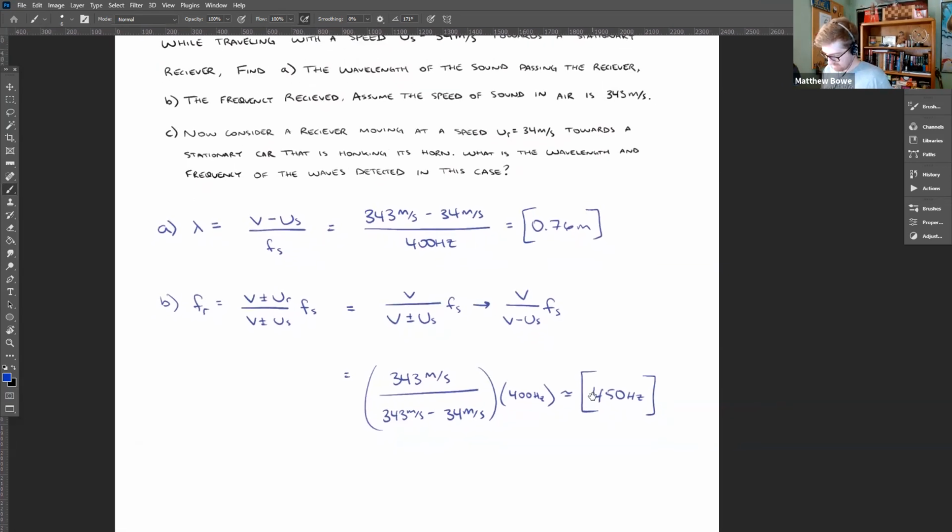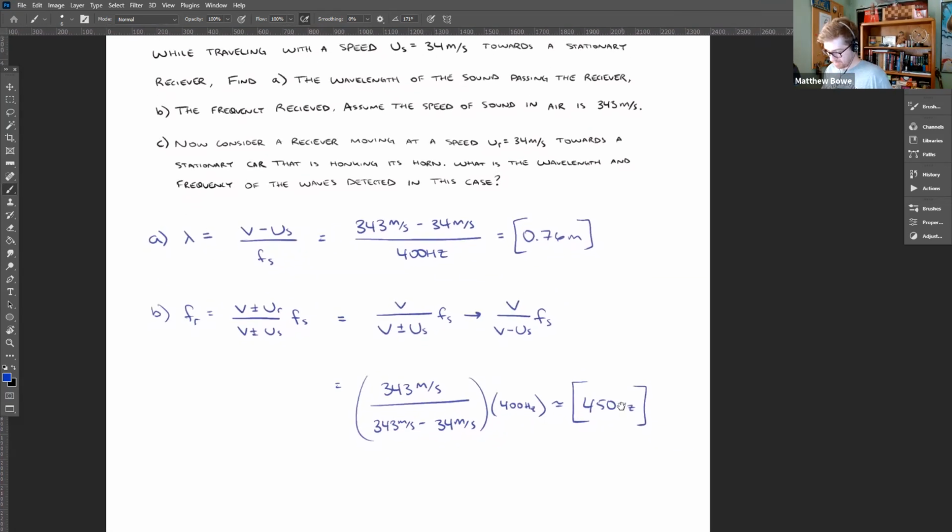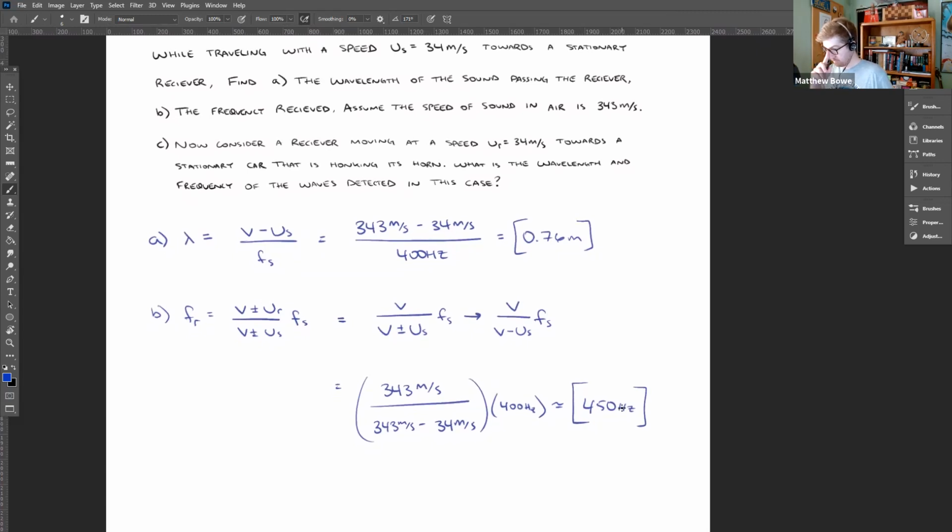All right, now here's the interesting part of the problem. Part C says now consider a receiver that is moving at 34 meters per second towards a stationary car that is honking the horn. What are the wavelength and frequency of the waves detected?